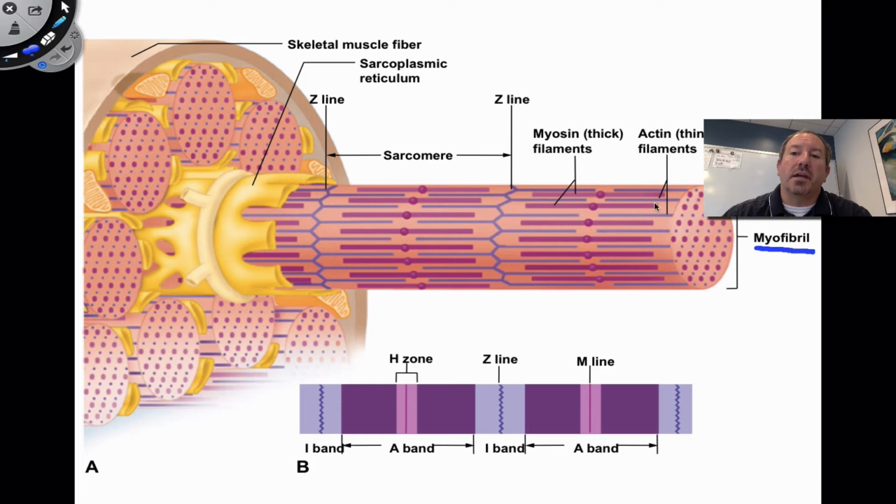And so you can see here, here's one Z line, and here's another Z line right here. So this is what we mean by one sarcomere. And then as you can see here, though it's not shown, this is the A band, which is dark. It's dark because it's superimposing the thin and thick filaments. And here's the I band, which is a little bit light. Now under the transmission electron microscope, very powerful, you can see light, dark, light, dark.